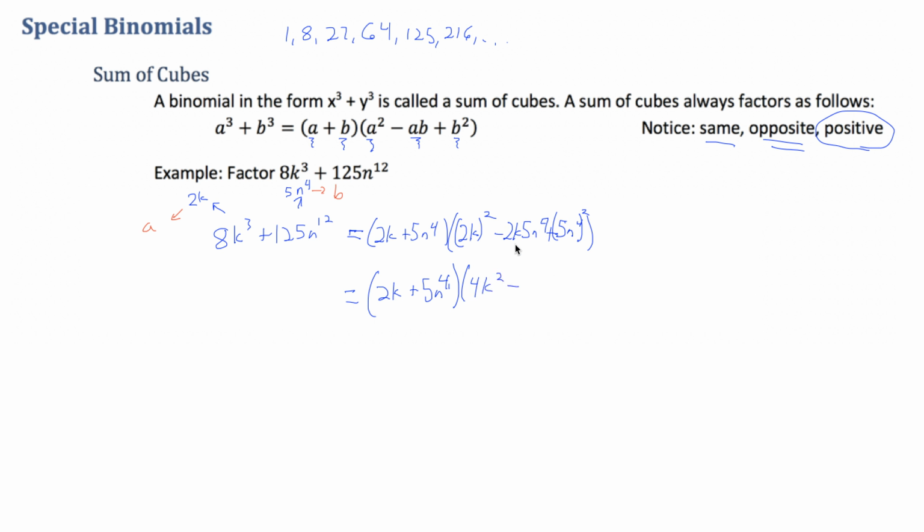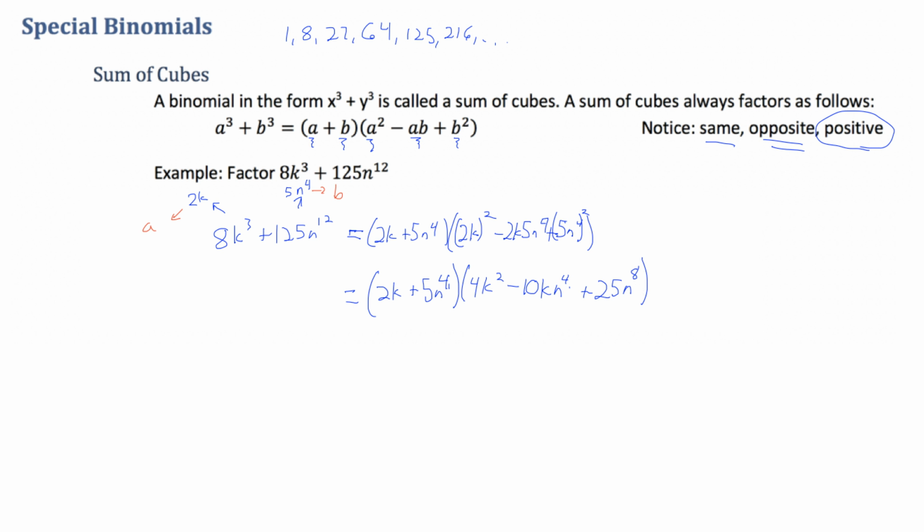Here we have minus, and then 2k times 5n to the 4th. 2 times 5 is 10. So we have 10k n to the 4th. And then plus 5n to the 4th squared is going to be 25, since 5 squared is 25, and n to the 4th squared is n to the 8th. And there we have the answer.